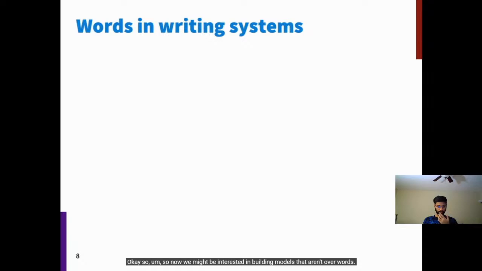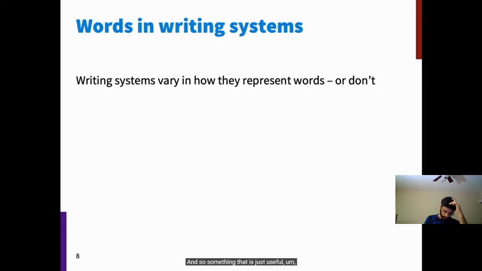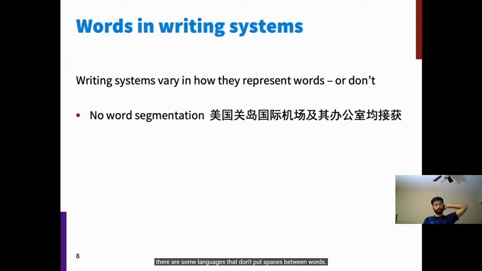now we might be interested in building models that aren't over words. So we're going to have a word written as characters, and we're going to do something with it, such as build character n-grams. Something that is useful to know is that there's a fair amount of variation between languages when you do this, so it's not all the same stuff. The first problem is that there are some languages that don't put spaces between words.